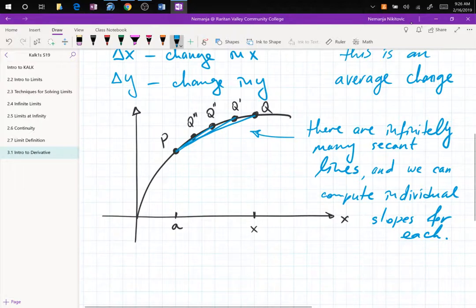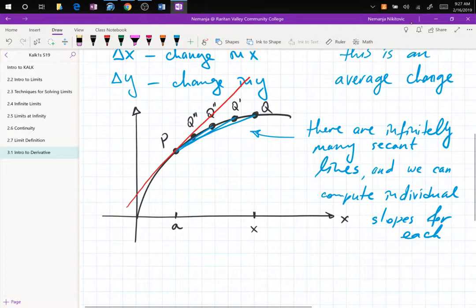Except when Q collides with P. We are going to have a line when they collide, but we would not be able to use algebra to compute the slope.